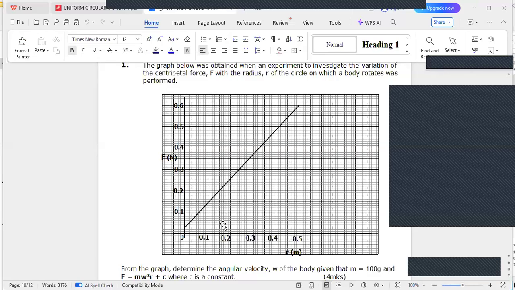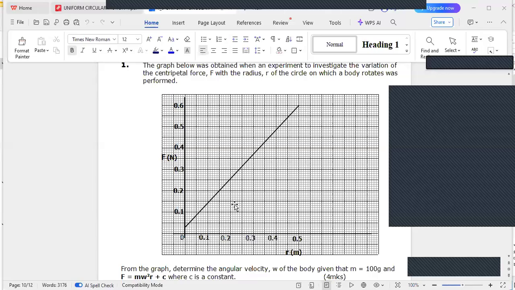Okay, so we proceed. We have said that C is 0.3 newtons. Then we now calculate the slope. You look for 2 points. By looking at that diagram, I can see a very perfect point, 0.2 and 0.2.